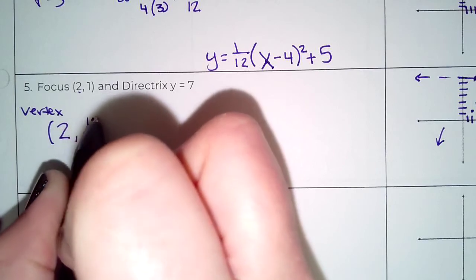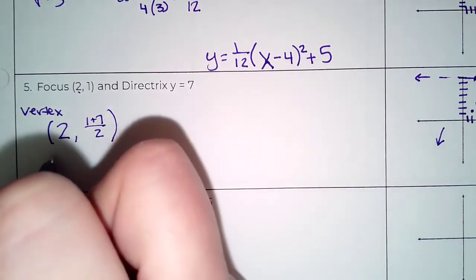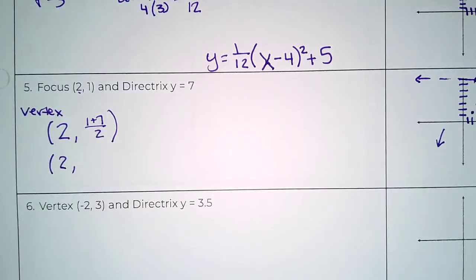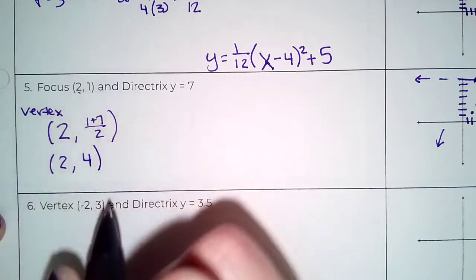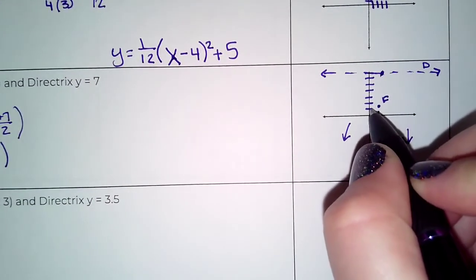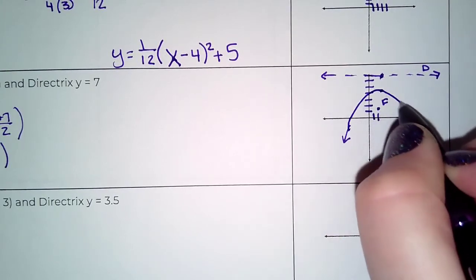So (1 plus 7) over 2. That's the midpoint of those two points. So the vertex is (2, ...): 7 plus 1 is 8, 8 divided by 2 is 4. So the vertex is (2, 4). The vertex is here.